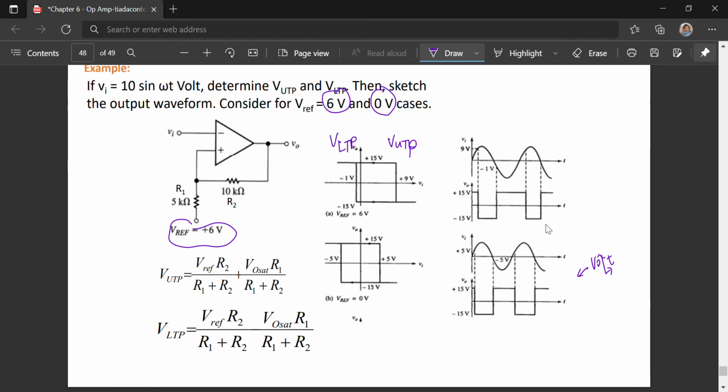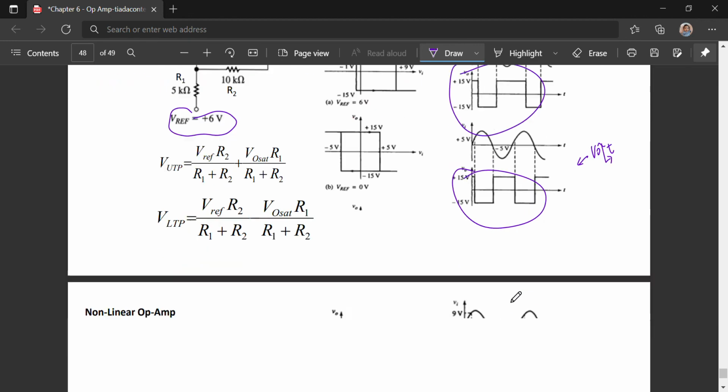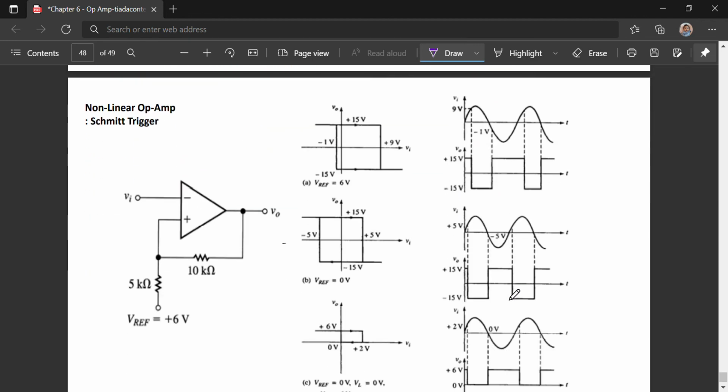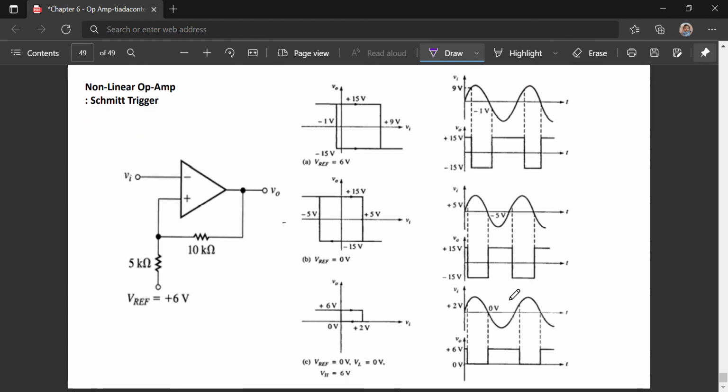Changes in your VLTP and VUTP values will create a different output. So that's it for nonlinear op amp using the Schmitt trigger.